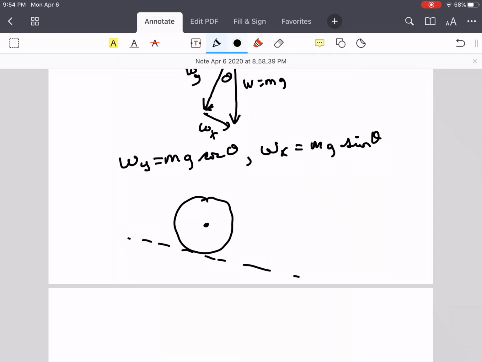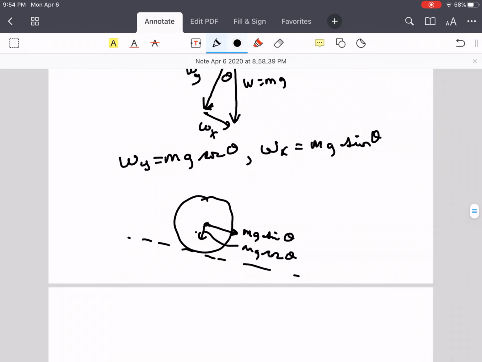So there's my ramp. I have mg sine theta pointing downhill. I have mg cosine theta pointing into the hill. I have an unknown normal force pointing perpendicular to the hill. And I have the force of friction, which I don't know, F pointing uphill.